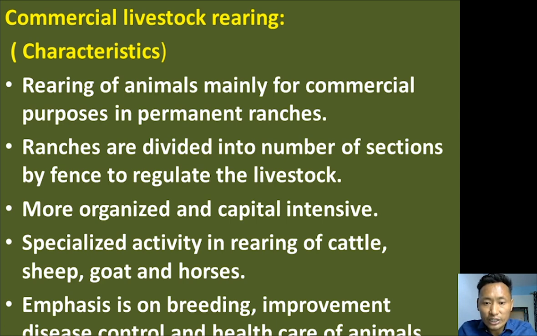Crossbreeding means mating of animals in order to have better offspring. They emphasize breeding, improvement of animals, disease control, and healthcare of animals, in order to get more profit by doing this type of agriculture, or we can say farming.